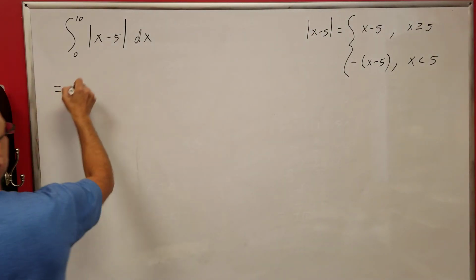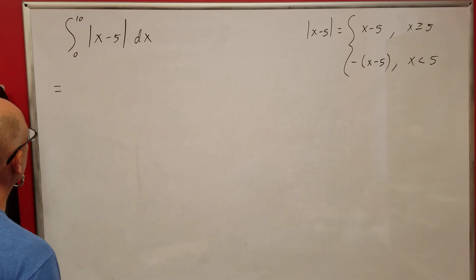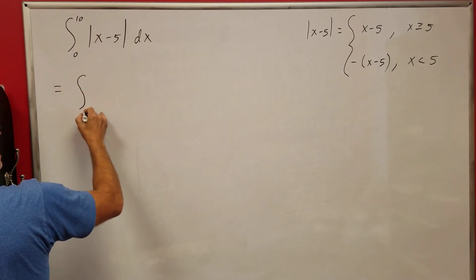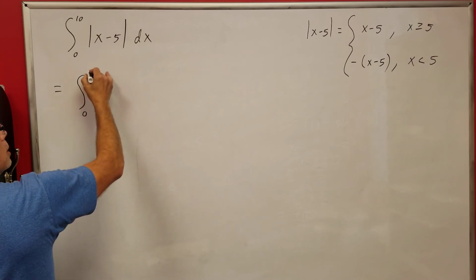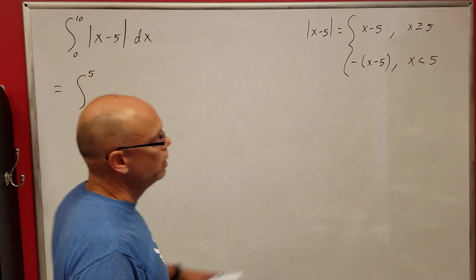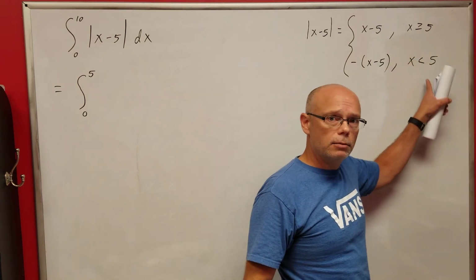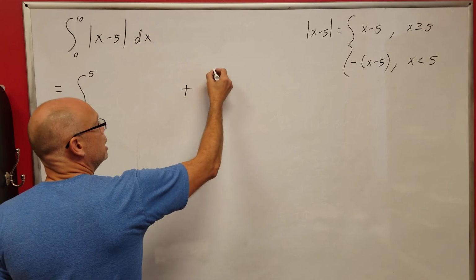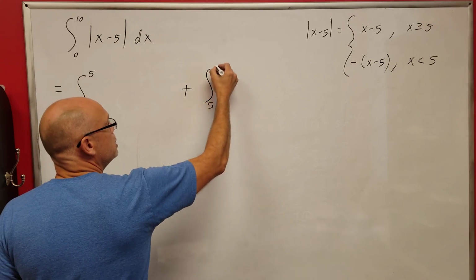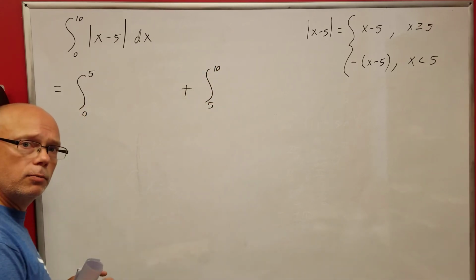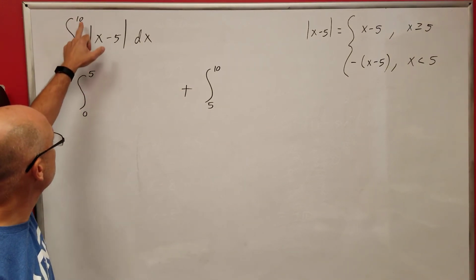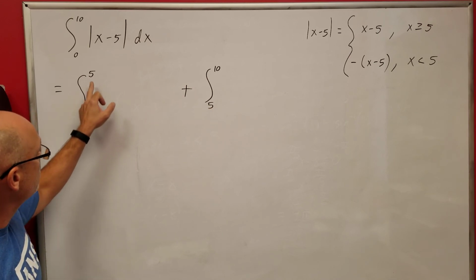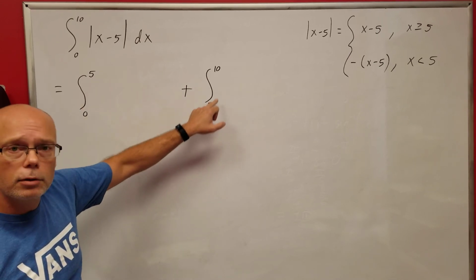So since I do not know how to integrate an absolute value function, instead of going from 0 to 10, I'm going to take the integral from 0 to 5, my breakoff point here, and I'm going to add that to the integral from 5 to 10. Remember we talked about that in the last section? We can break it up that way as long as we go through all these values, right? 0 to 10. I could break it up from 0 to 5 plus the integral from 5 to 10.